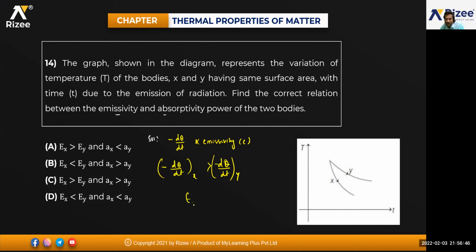That means I can say that the emissivity of X is greater than that of Y. So emissivity means good absorbers or good emitters, beta. So AX will be greater than AY. So what will be the answer, beta? EX is greater than EY and AX will be greater than AY. Third option. Good absorbers or good emitters. Okay.